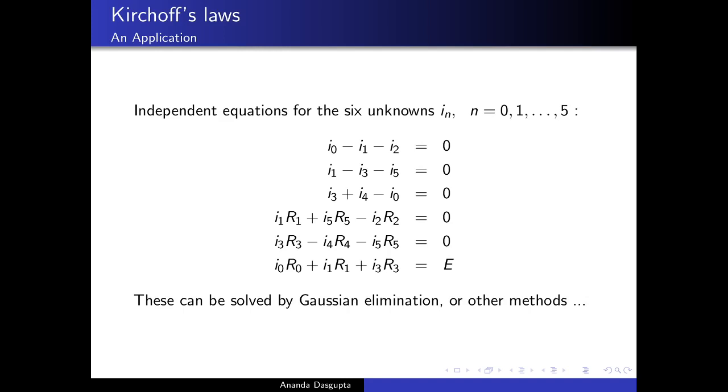Of course, if we are solving 6 equations in 6 unknowns using class 12 like methods of, say, using inverses of a 6 by 6 matrix, that may not be a great idea. That would be too painful to do. But things like Gauss elimination, for example, which you must have learned in the previous semesters, should be pretty easy to use and solve.